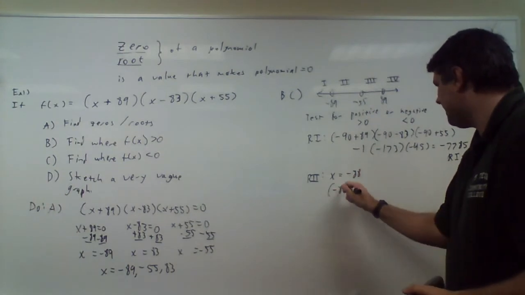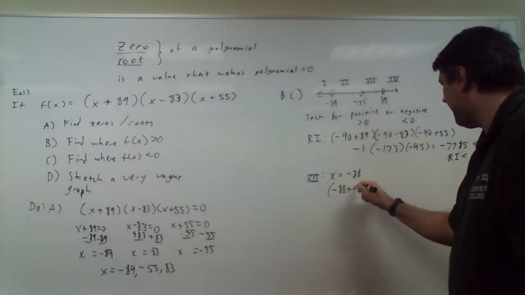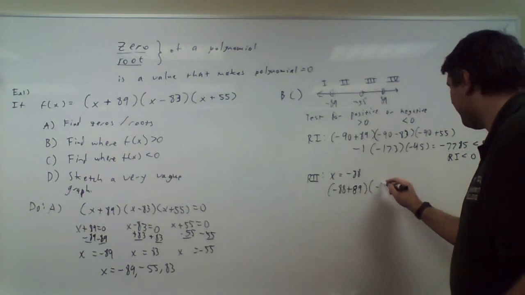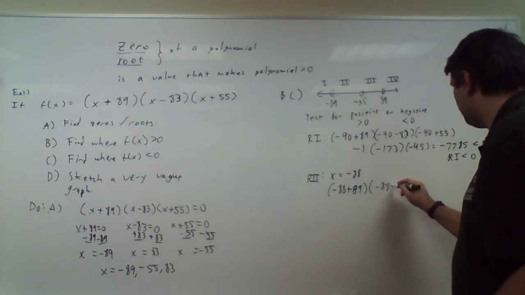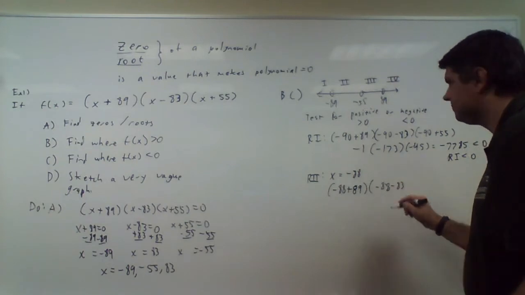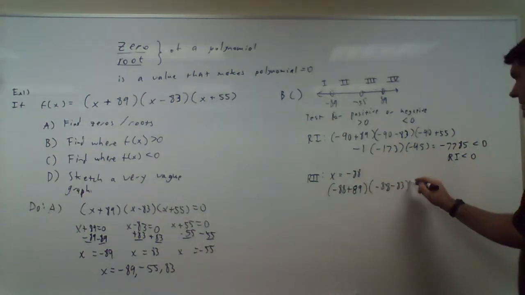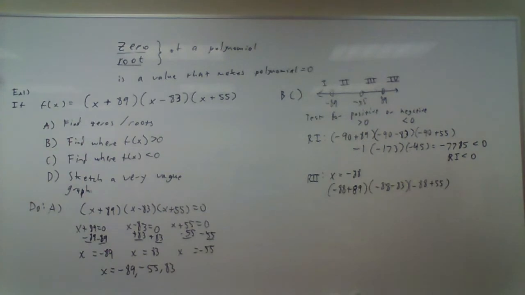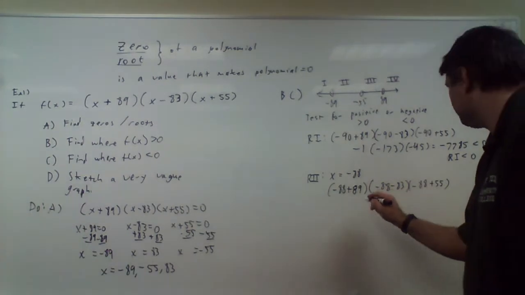So, negative 88 plus 89, negative 88 minus 83, and negative 88 plus 55. So, that's 1.